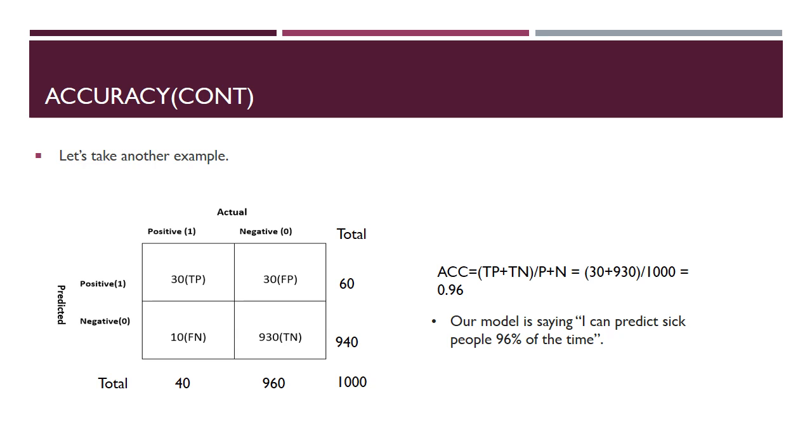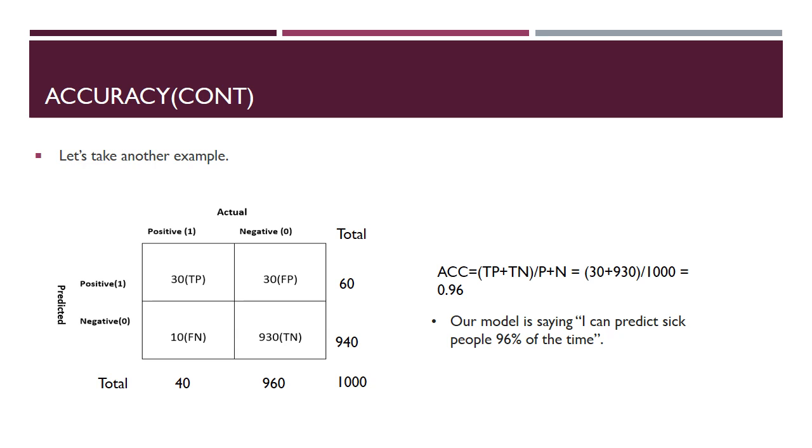We are talking about the prediction on unseen data. So if we have the same thing we have here right now, we have a positive class that we are actually interested in predicting. For example, we are interested in predicting the sick people, or people who have cancer or brain tumor or whatever.